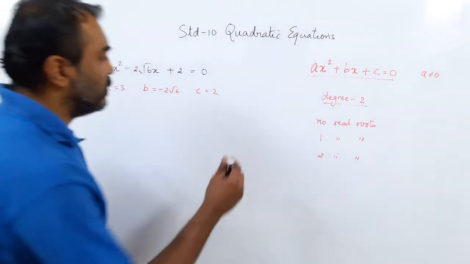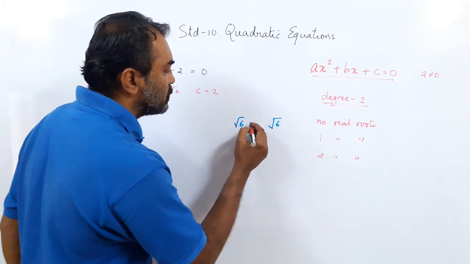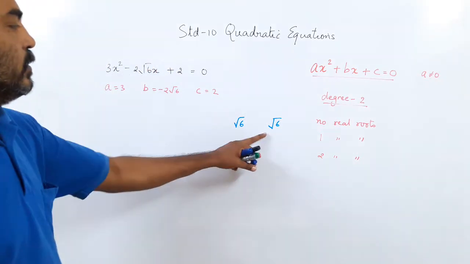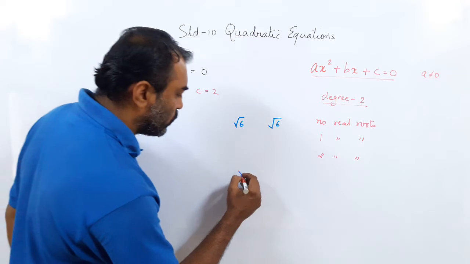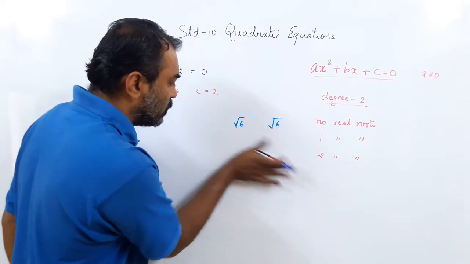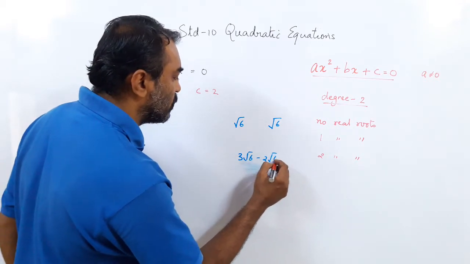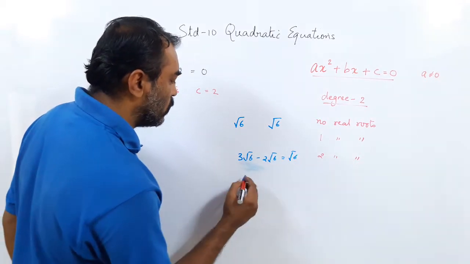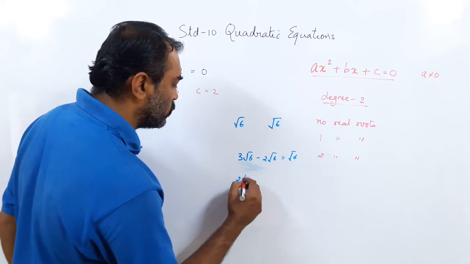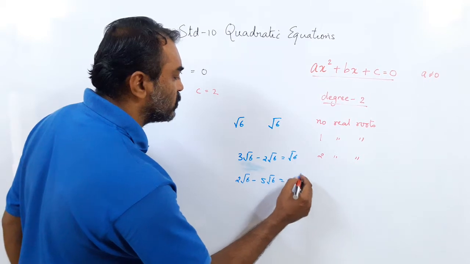So what we'll write here is root 6 and root 6, with some plus or minus in between. We'll check it out. 3 root 6 minus 2 root 6 is root 6, or we can write 2 root 6 minus 5 root 6 is minus 3 root 6.